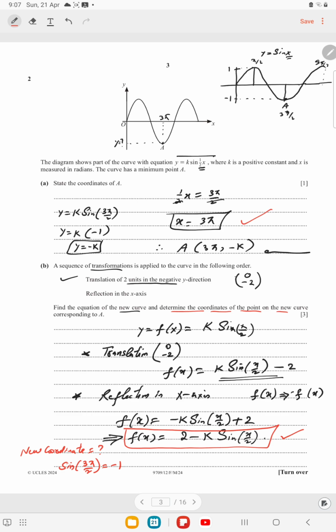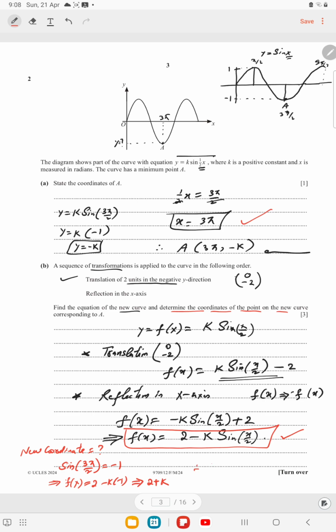So y, or f of x, will be 2 minus k times -1, which will give you 2 plus k. This is the y coordinate.